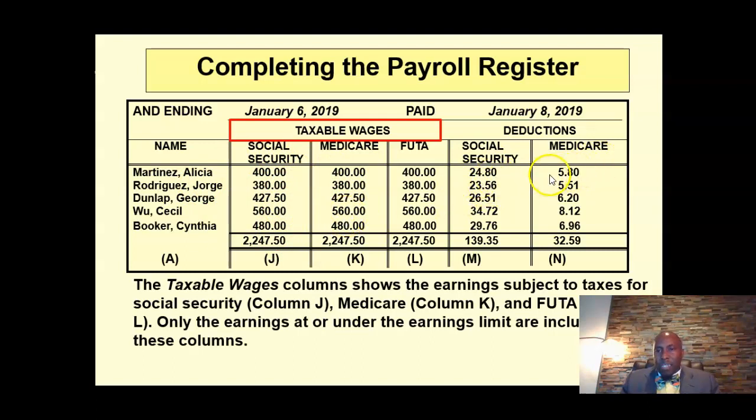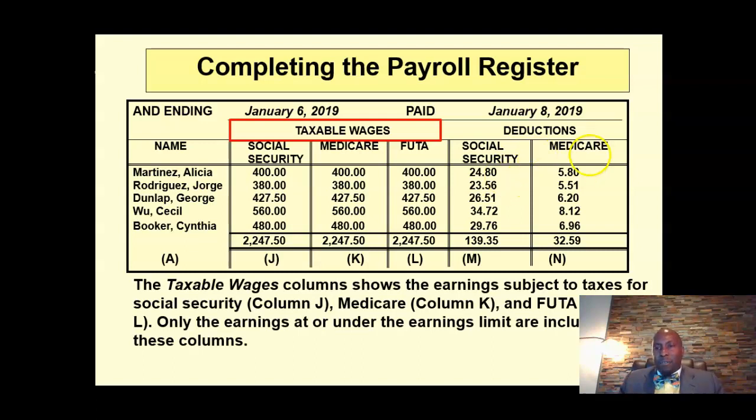To get our deductions, multiply the taxable wages times the applicable tax rate. For Social Security tax, that tax rate is 6.2%, which is 0.062 as a decimal. So you would take 400 times 0.062 to get the amount withheld for Social Security tax.